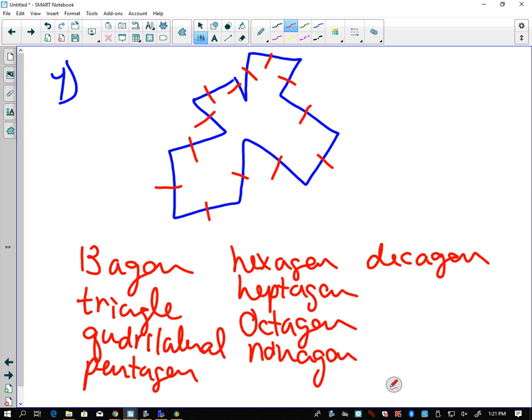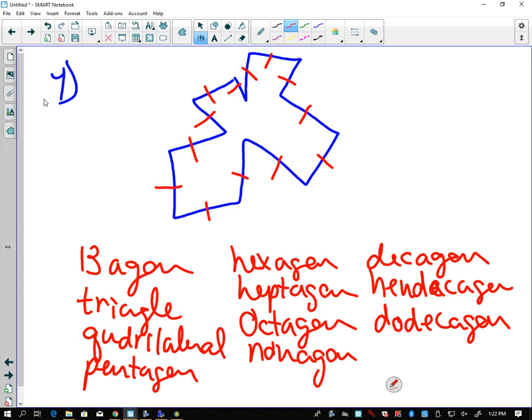I believe 11 is hendecagon, and I believe 12 is dodecagon. Everything after that is whatever the number is, agon. So you want to count the sides and keep these names in mind.